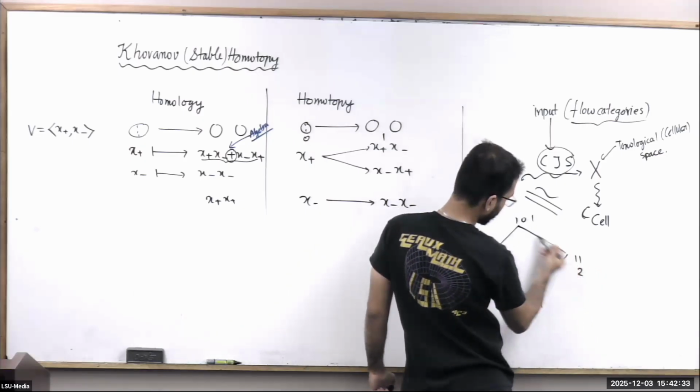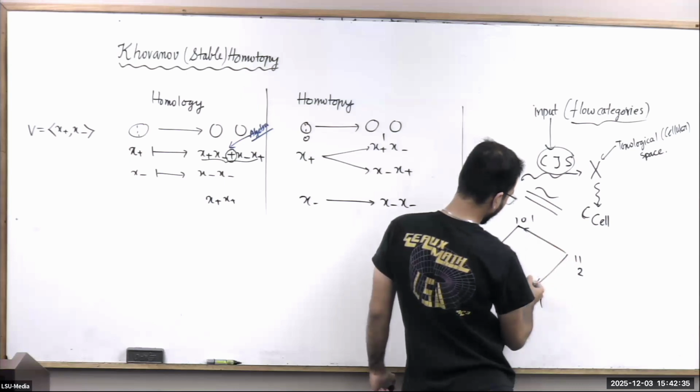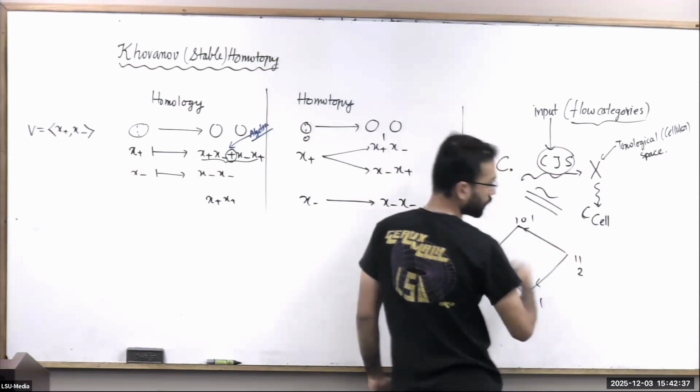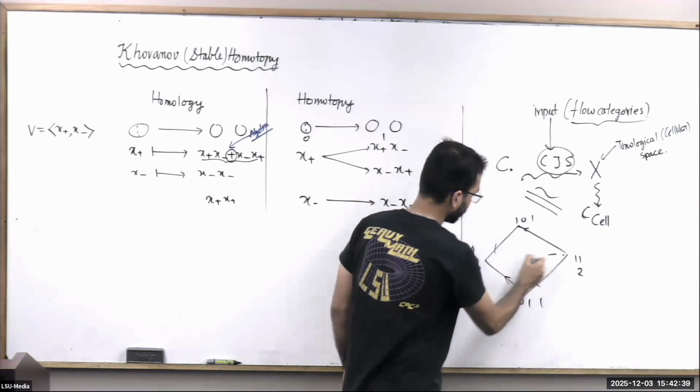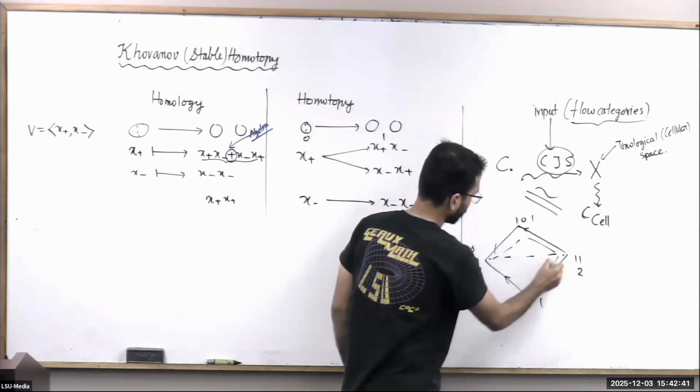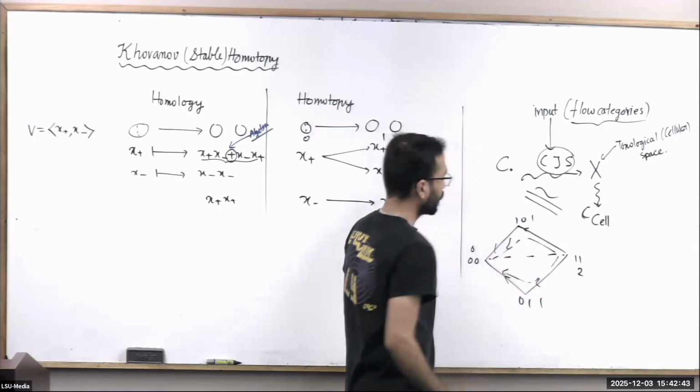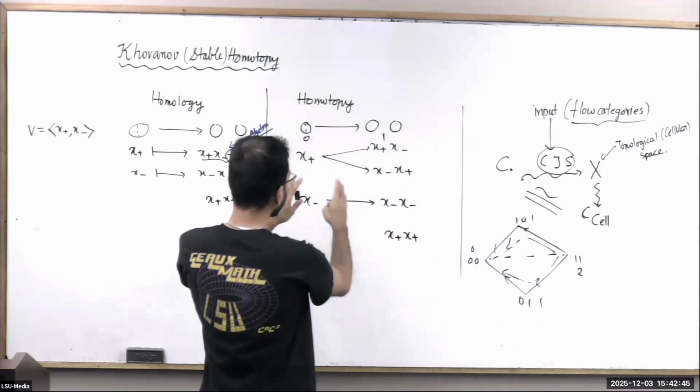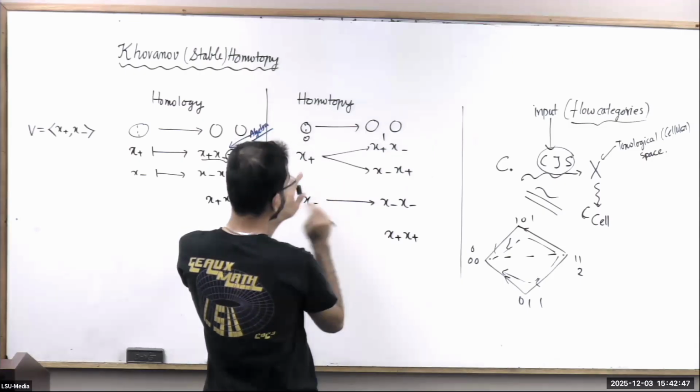Your flow comes from 2 to 1, then 1 to 0, then 2 to 0. Like that. The idea is to think of this diagram in terms of your flows.